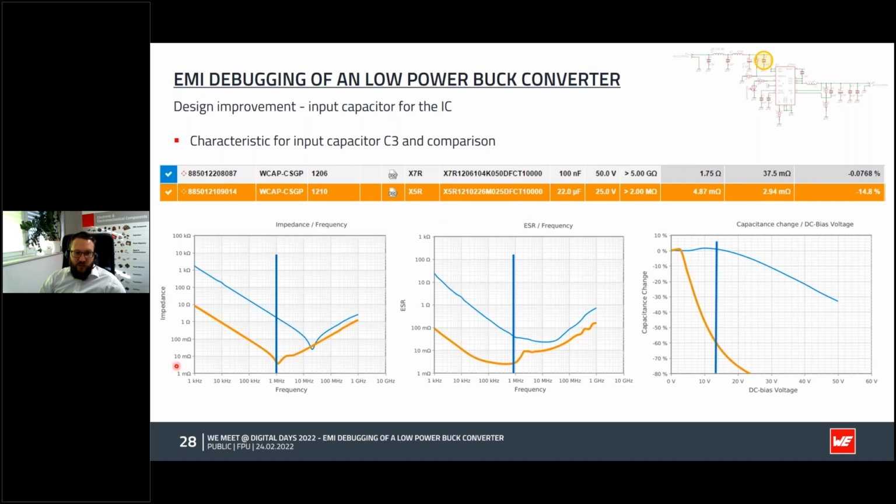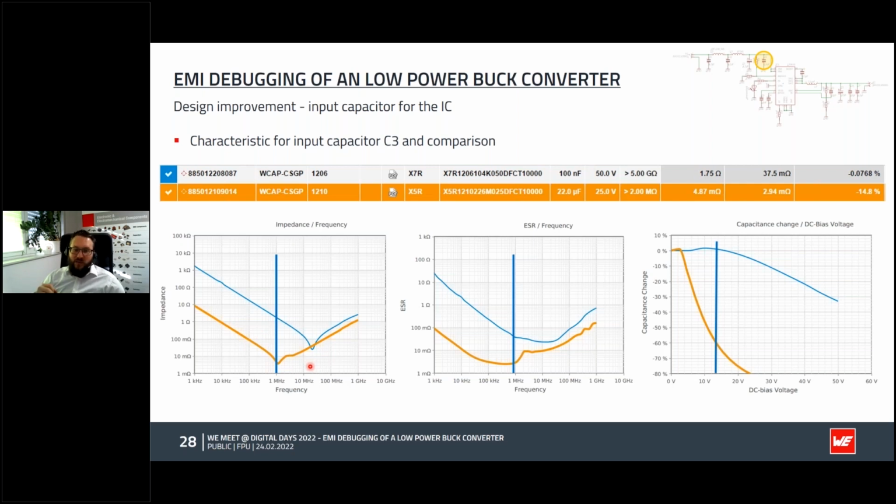But you see here, when I compare it, the impedance is really lower, and also the ESR is quite a bit lower. When we had a look at the DC bias behavior, you see, wow, this is really a huge drop of the capacitance. But this is a really good thing, because when the capacitance drops, okay, the impedance goes up, but also the self-resonance frequency shifts to a higher frequency.